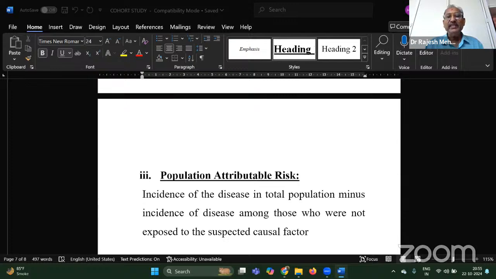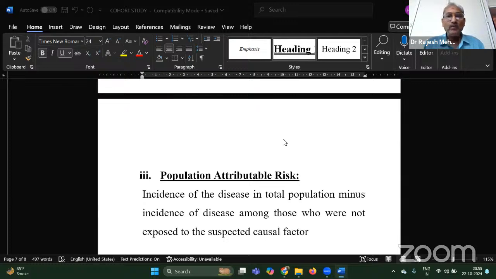So seemingly we say that alcohol is more harmful than tea, agreed. But in the population, if more people are consuming tea and that is also in high doses, then tea may be more harming to people compared to alcohol. This is possible. So population attributable risk is calculated to find out what will be the advantage of removing that factor from the population.